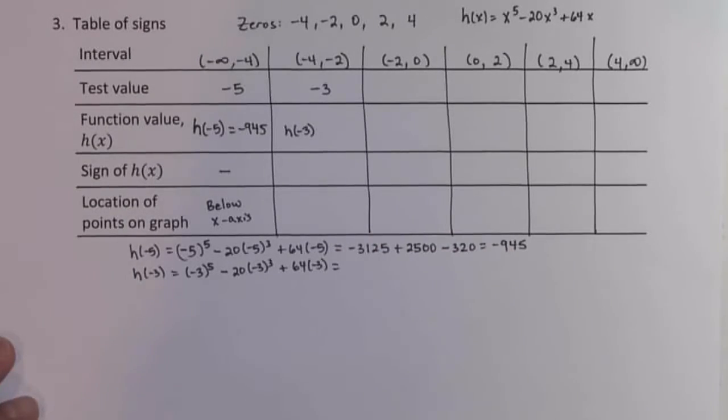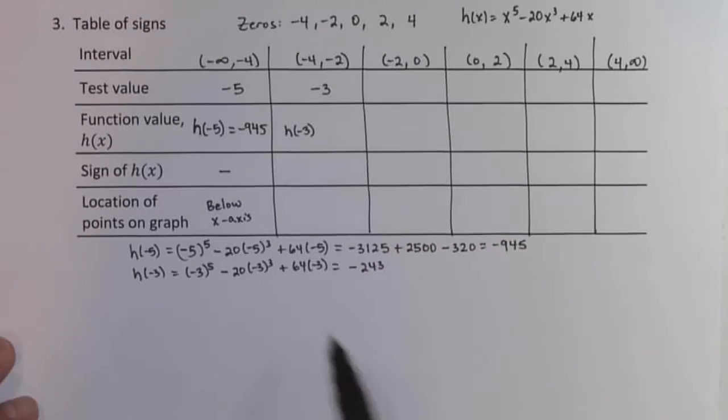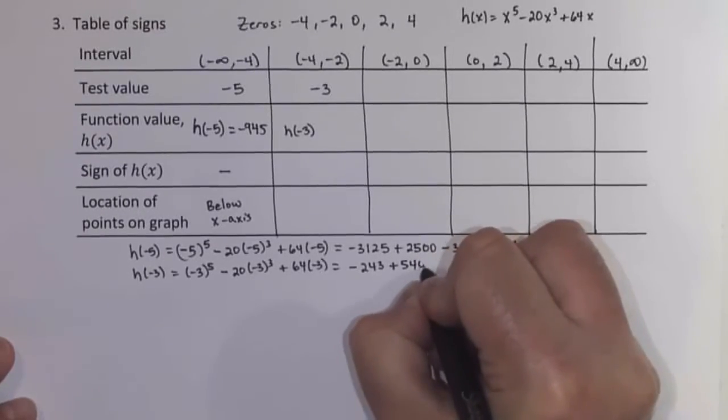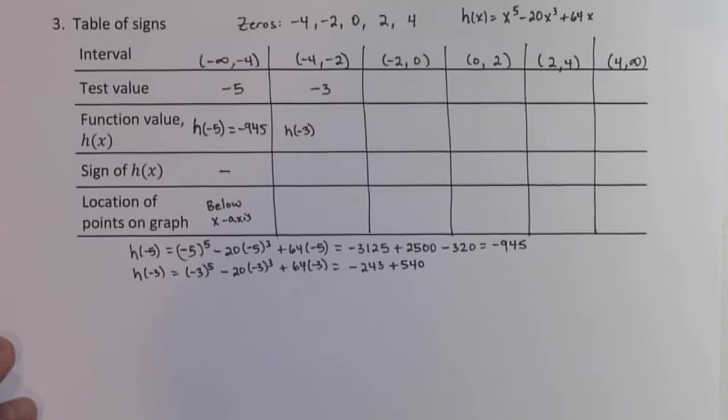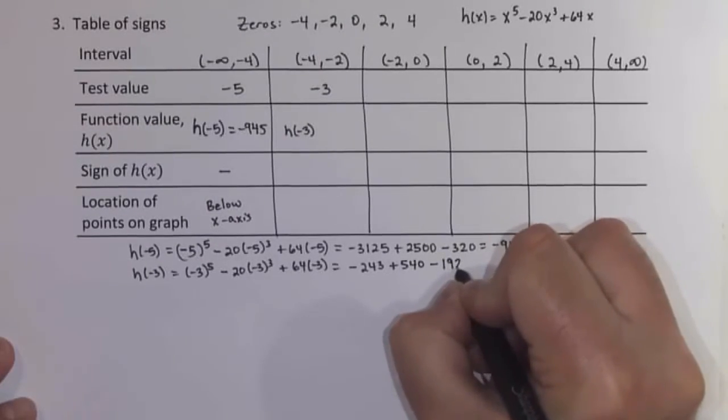Negative 3 to the 5th power is negative 243. Negative 3 cubed is negative 27, and negative 27 times negative 20 is 540. 64 times negative 3 is negative 192.